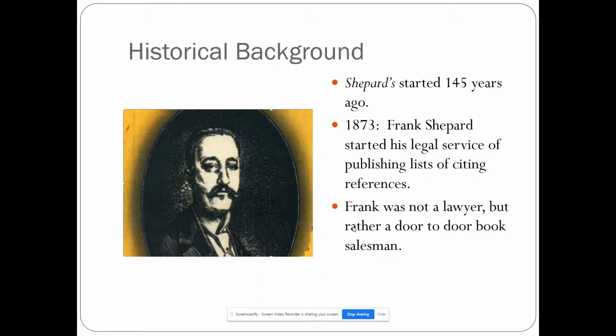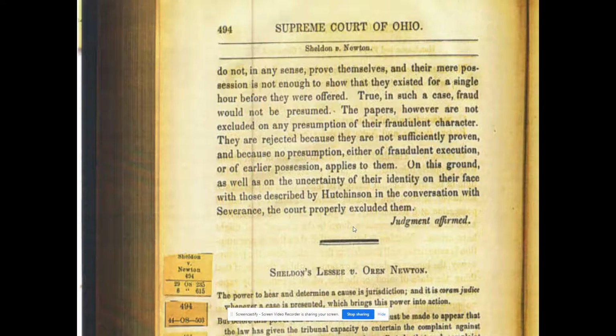A young man named Frank Shepard was a door-to-door book salesman who sold law books. And his great idea was, well, I can give them the texts of the opinions, but if I tell them where it's been cited since then, I'm going to be like the most valuable law book salesman ever.